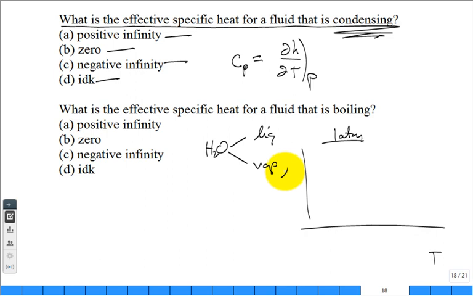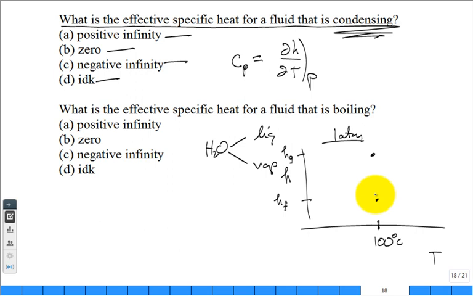You could talk about the enthalpy of water, and then something happens right around 100 degrees C. What happens to water right around 100 degrees C? There's a phase change, and we have the enthalpy of saturated liquid, and we have the enthalpy of saturated vapor.